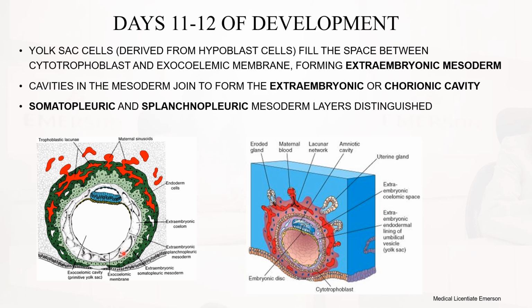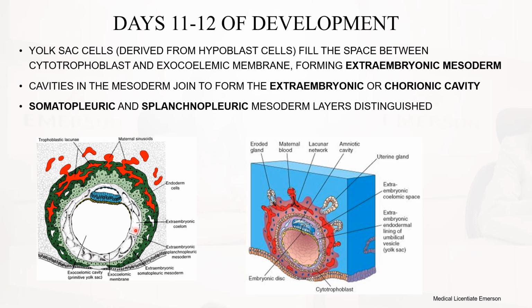If you have seen here, we have the extraembryonic mesoderm here and here. This means that the extraembryonic mesoderm becomes distinguished into two different mesoderms.